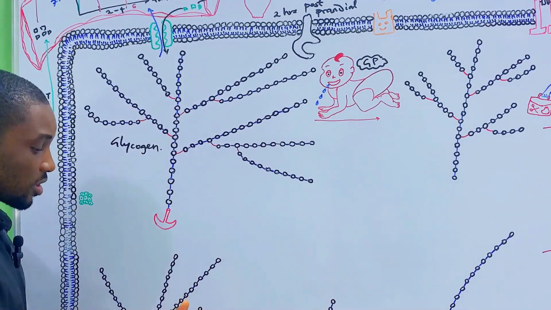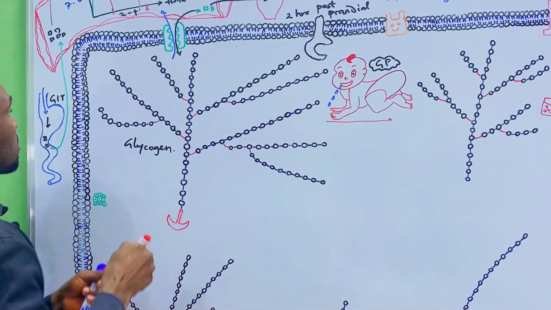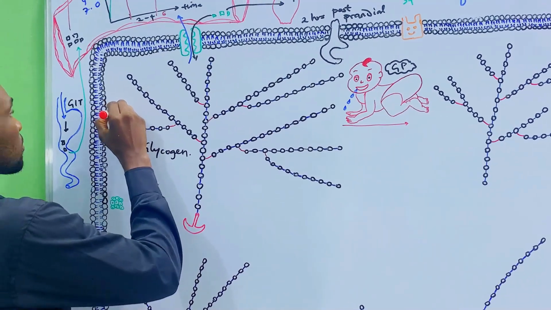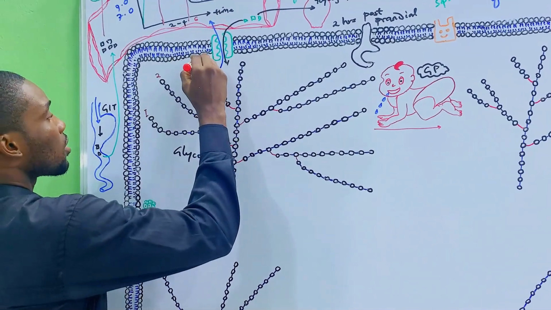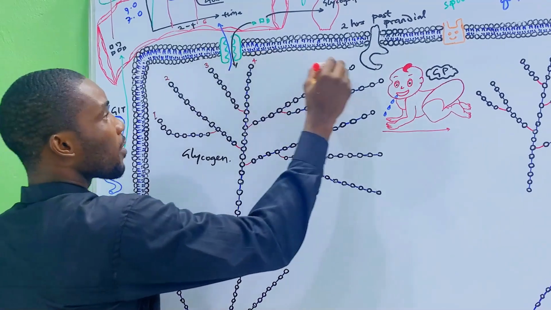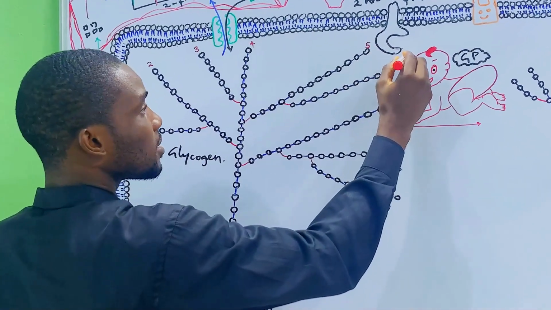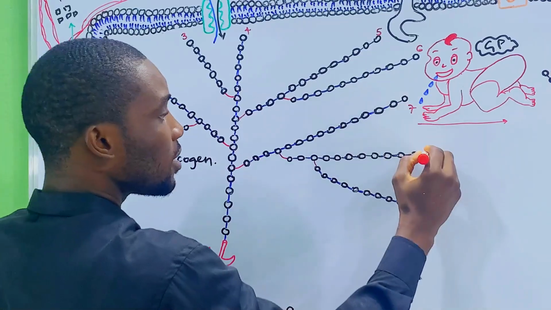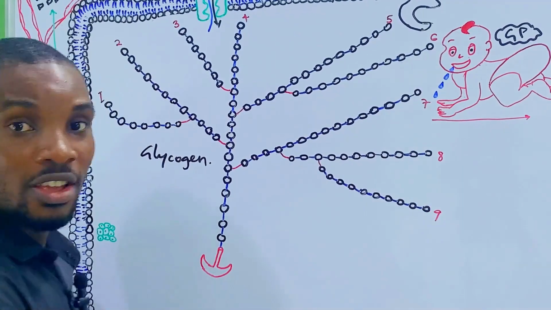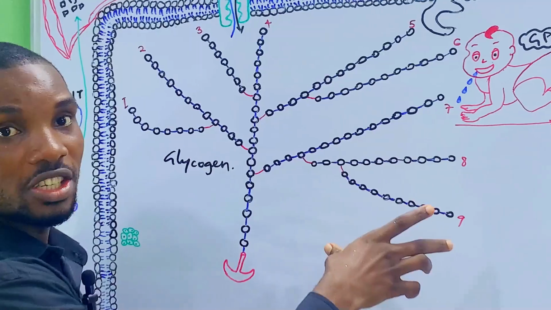So let me label the chains. Chain 1, chain 2, 3, 4, 5, 6, 7, 8, 9. These are 9 chains, right?